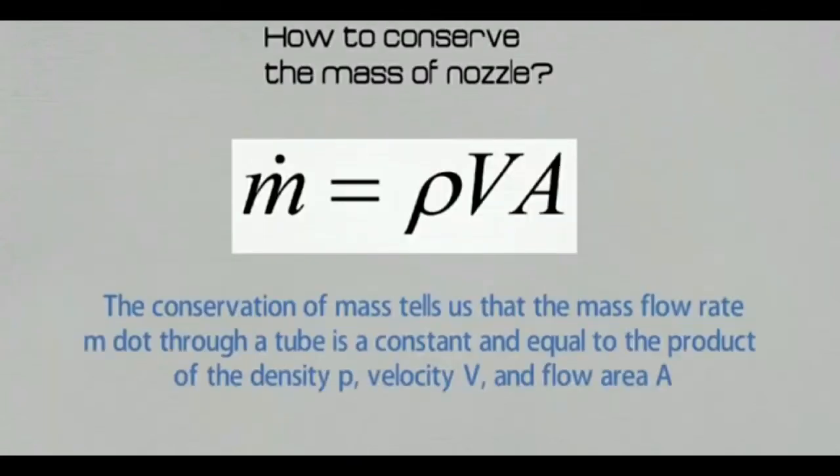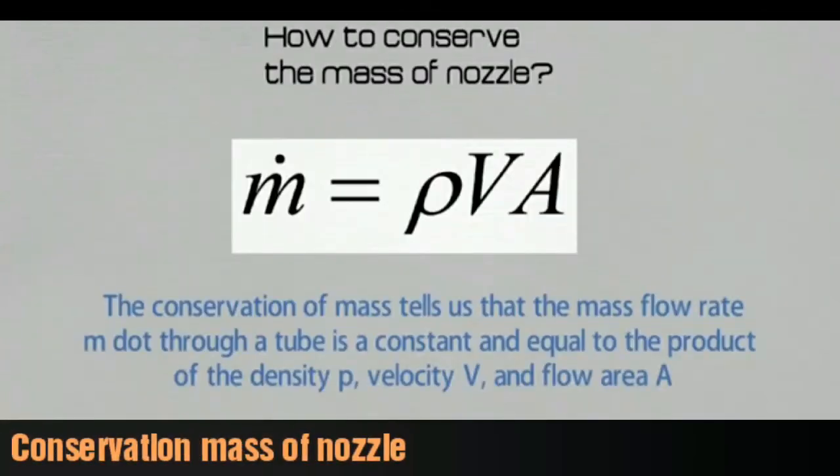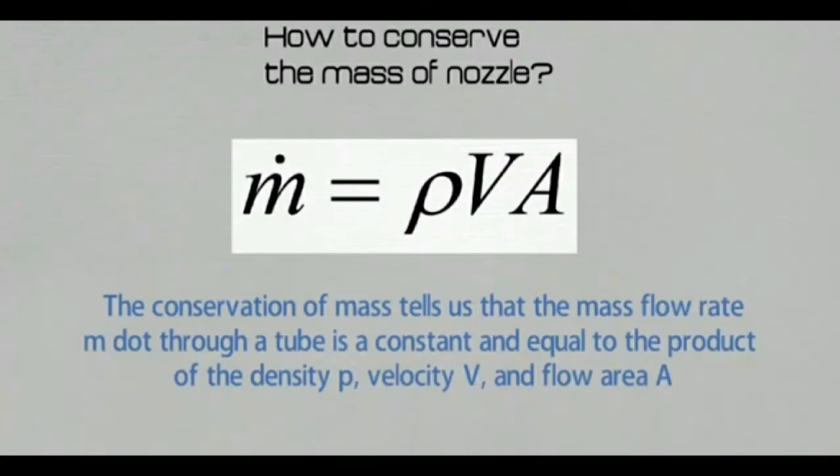Moving to my second topic, which is how to conserve the mass of a nozzle. The conservation of mass is a fundamental concept of physics. The conservation of mass tells us that the mass flow rate, m dot, through a tube is constant and equal to the product of density, velocity and flow area.